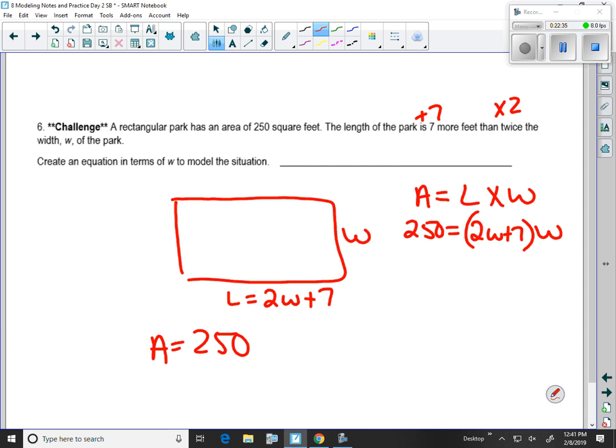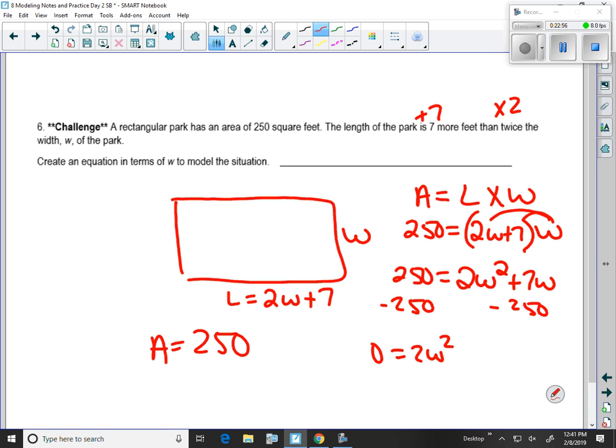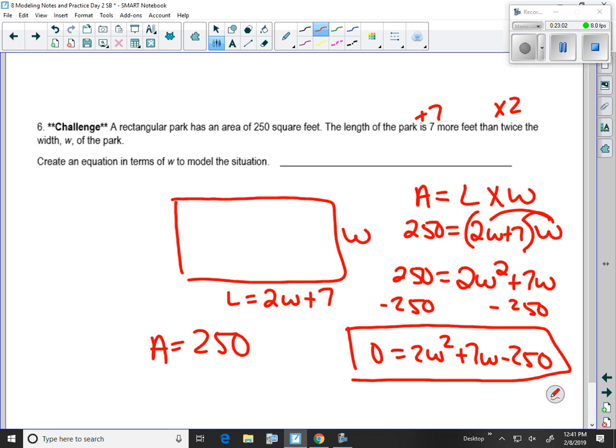What am I going to do here? Distribute my W. So I get 2W squared plus 7W. Then I'm going to subtract my 250. So I have 0 equals. Oh, so it's equal 0. Yeah, because we want a quadratic equation. There's the quadratic equation.